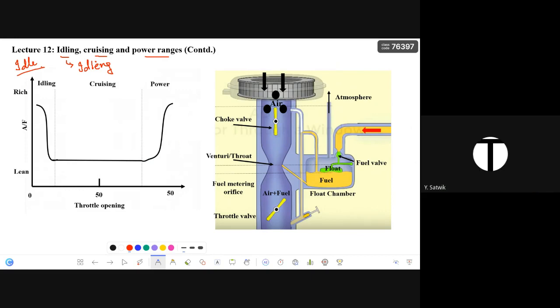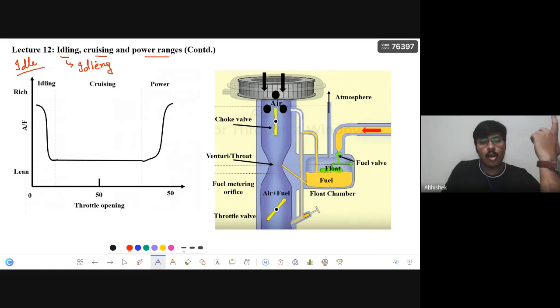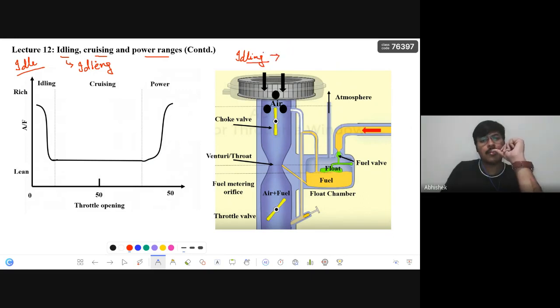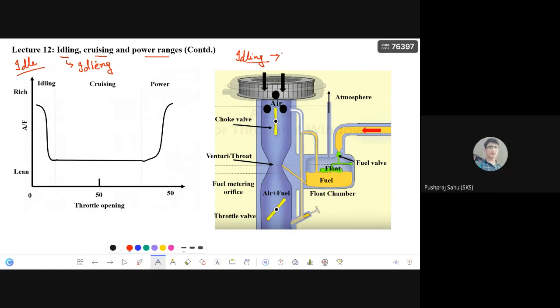No work done. Someone is just sitting and not doing any work, and so the engine also has a point where it is idling. It is going through an idling cycle. Idle means where efficiency will be 100%.